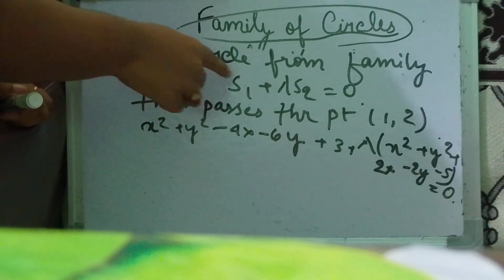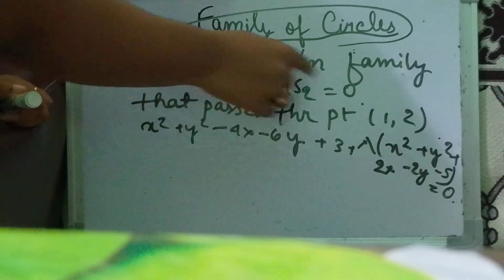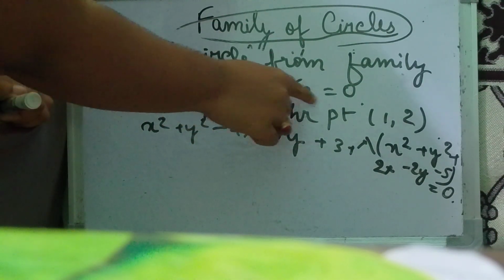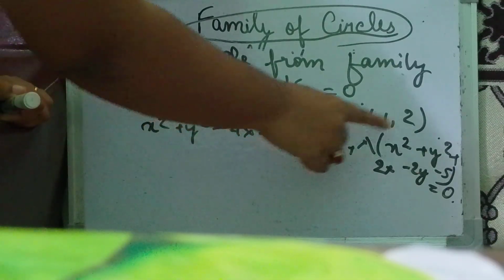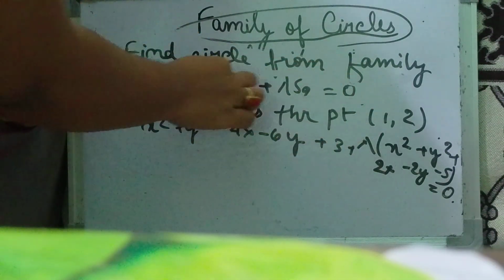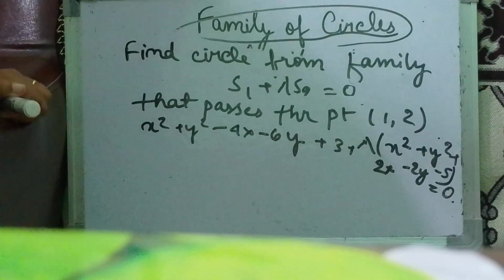It is saying that find the circle from the family S1 plus lambda S2 equals 0 that passes through this point. It means this equation will pass through this point.